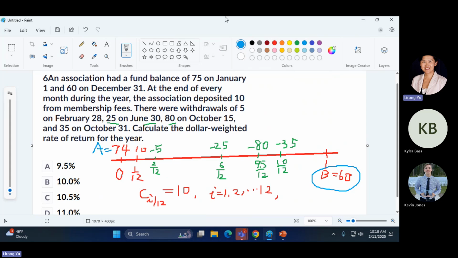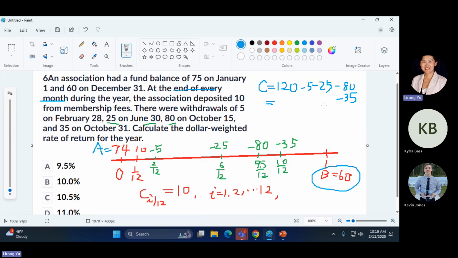Let's find the overall C. C should be all the deposits we actually have. It says at the end of every month during the year. So suppose it is 12 deposits, so that will be 10 times 12. I'll just write 120. That's a positive deposit. And we have withdrawal 5, withdrawal 25, withdrawal 80, and withdrawal 35. Those are all the C, all the cash flow other than A and B. All right, so what would be the total?